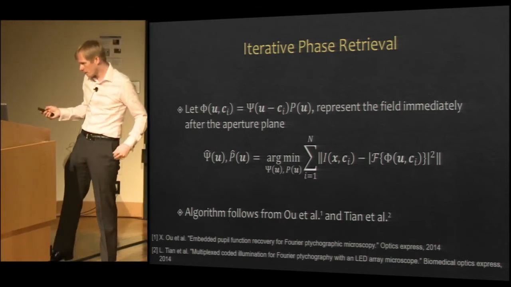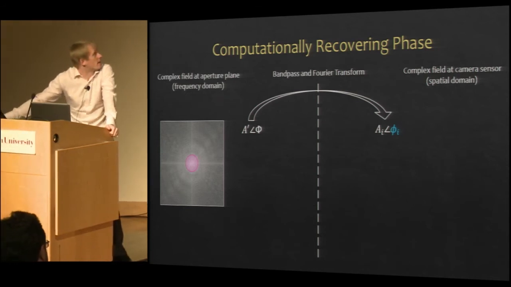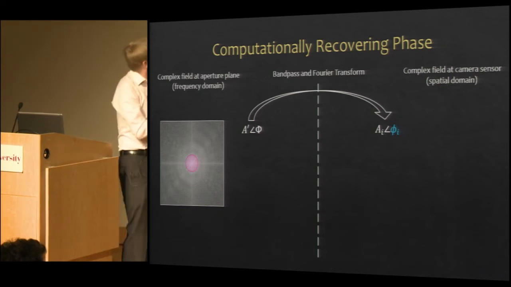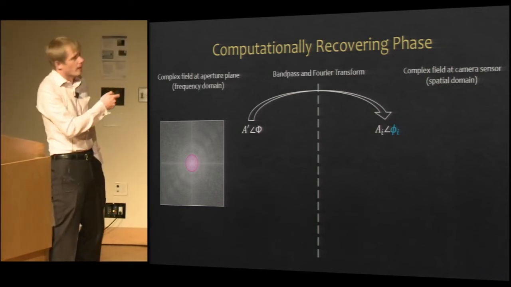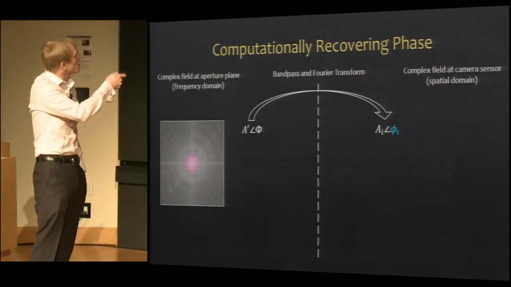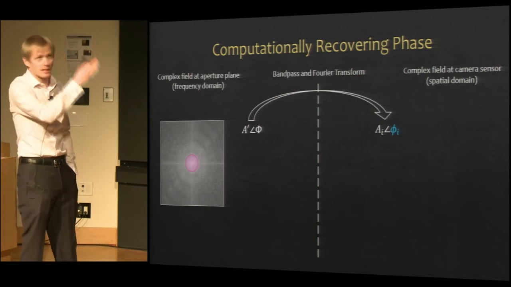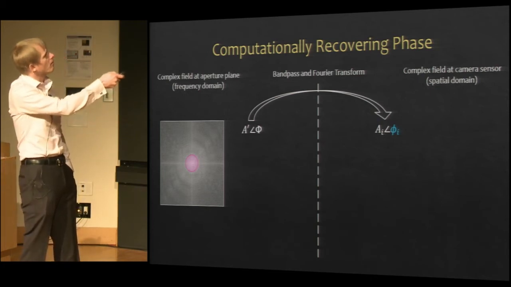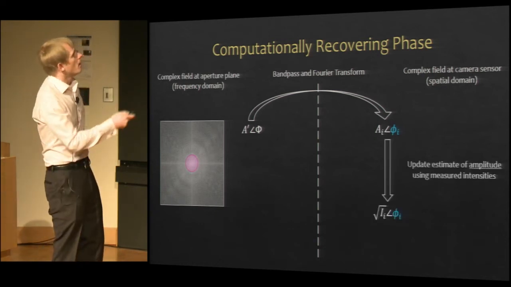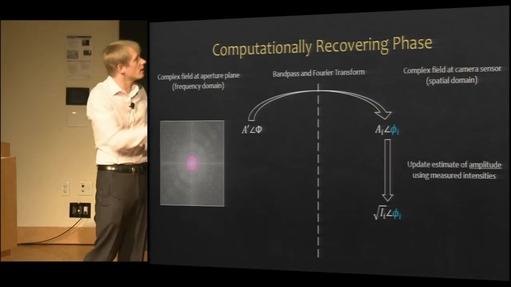And Tian et al. And simply put, I take my complex field in the aperture domain, right? So the field that intersects my lens. Take some region that passes through. Take the Fourier transform onto the sensor, right? And so now there's some arbitrary phase, which is incorrect, and some arbitrary magnitude, which may also be incorrect.